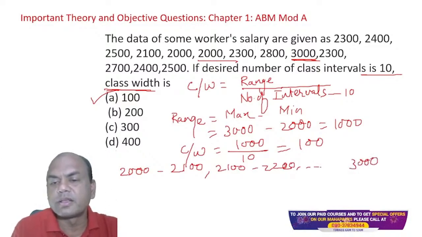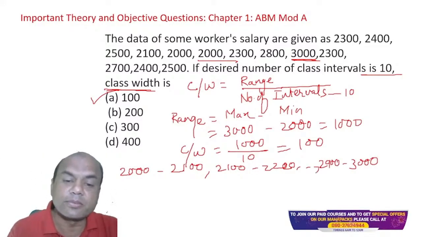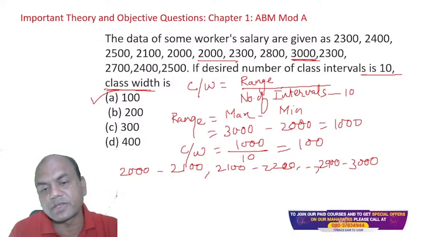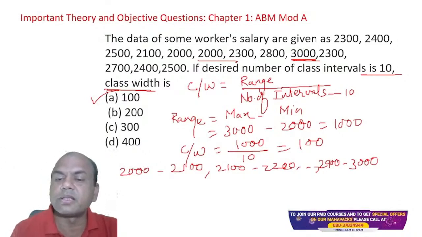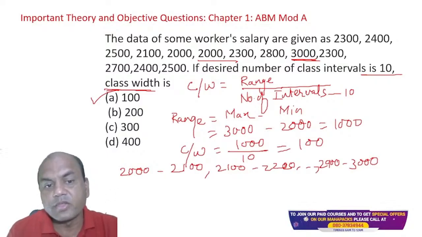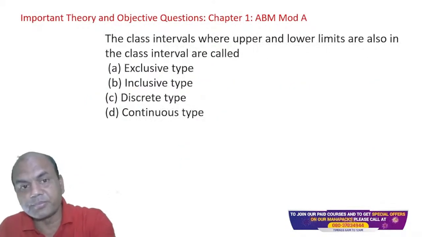The last class will be 2900 to 3000. So this is the meaning of width. Width means the difference between each one: 2200 minus 2100, 3000 minus 2900, 2100 minus 2000. So width will always remain the same. So this is 100.